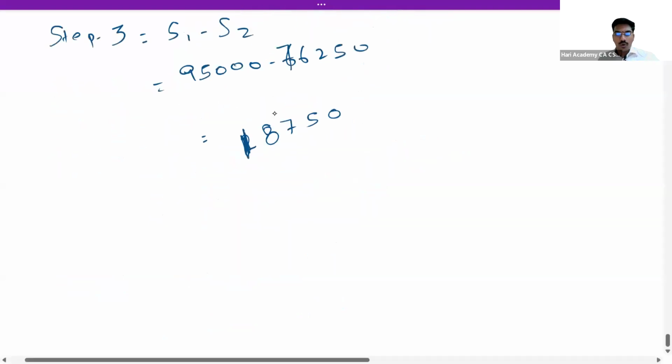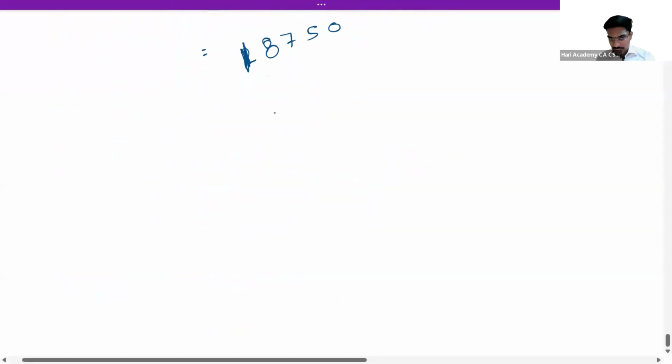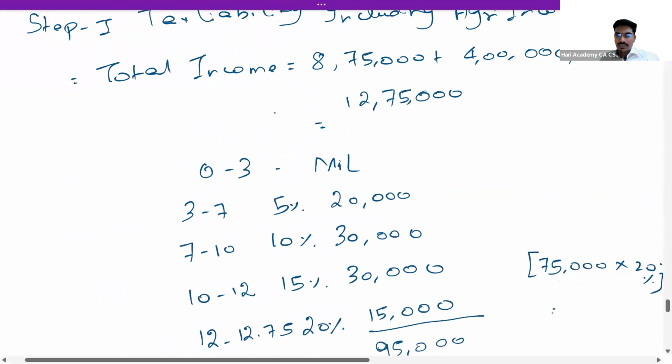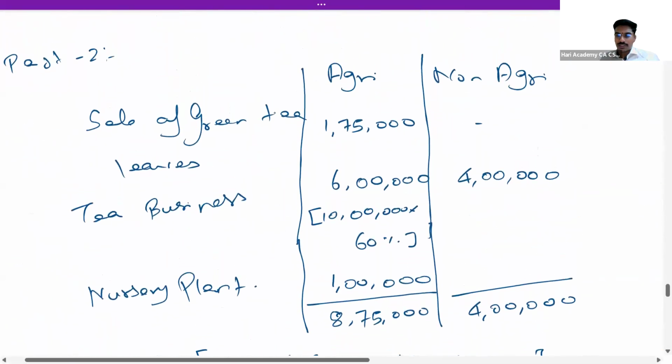Okay. Now comes the very, very interesting part. Tax liability is 18,750. So what is my total income here? My total income in the present case, agri income is exempted, even though we are including it for the partial exemption method.